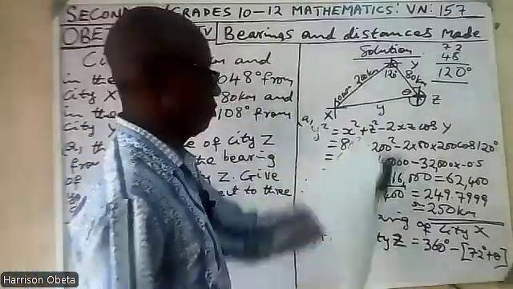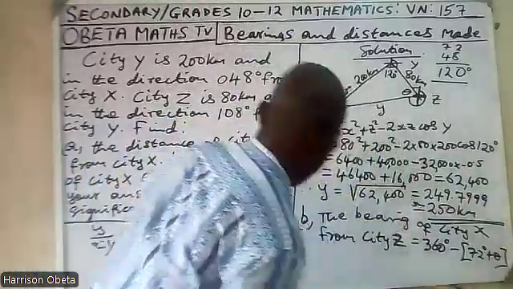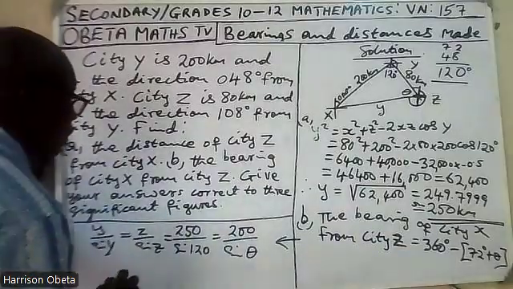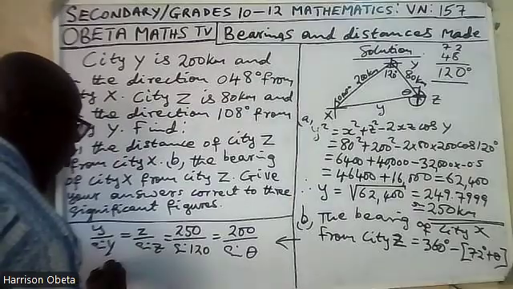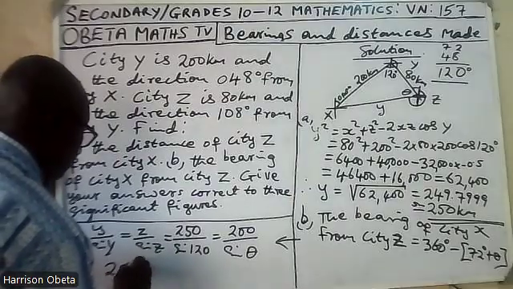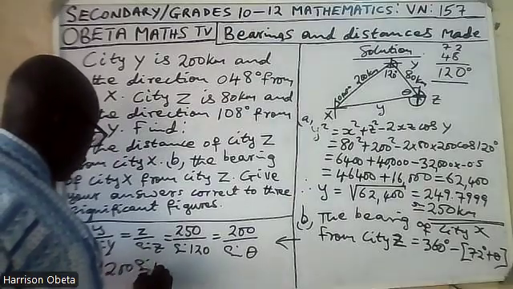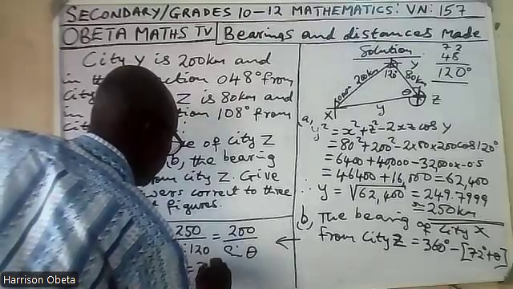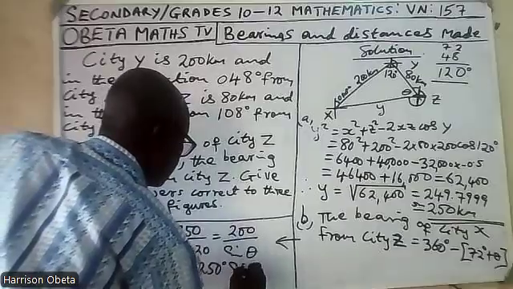That is this angle. So we move on, cross multiply. That will give us 200 sine 120 is equal to 250 sine theta.